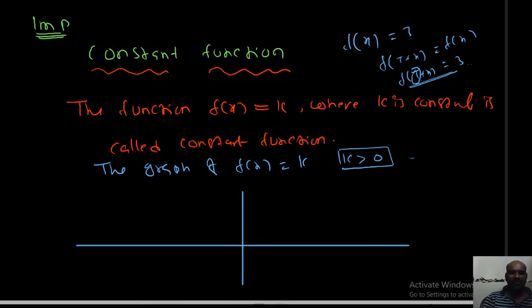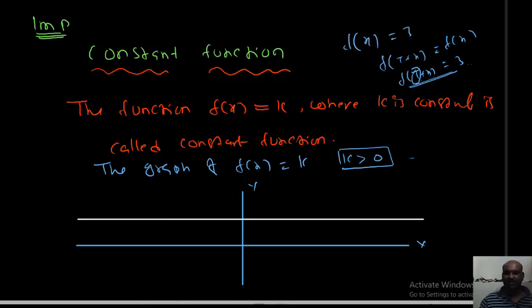Yes, this is a straight line. So I can name it y equal to k. Okay, for any x, y is k only.